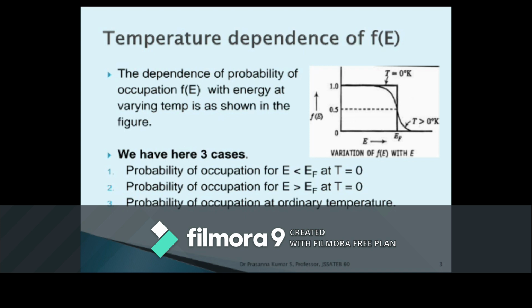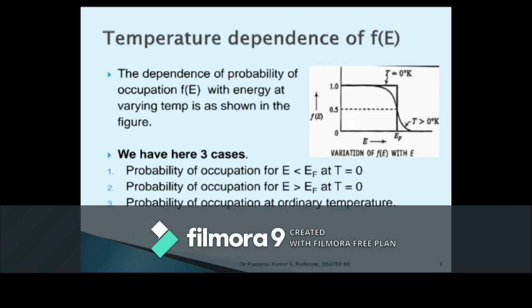Here we will understand the probability of occupation at 0 Kelvin for all those energy levels less than the Fermi energy. In the last class you have seen that EF is the highest occupied level, and we try to find the probability of occupation of any energy level less than EF.